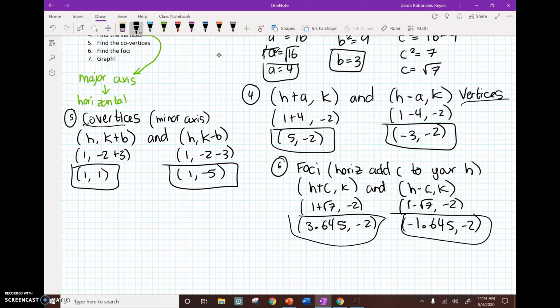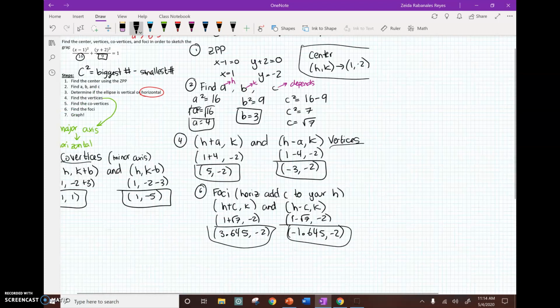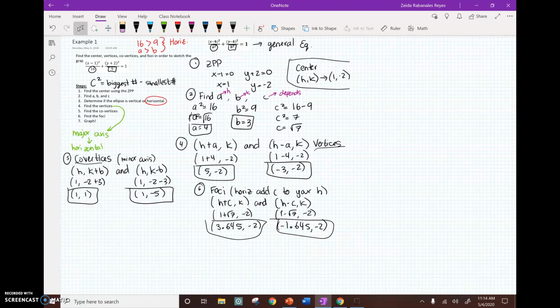So now to graph it. Let me kind of zoom this out. You create your graph. I am going to create my graph here on the side.